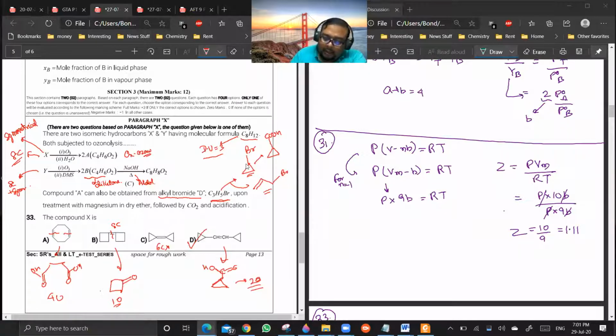If I'm using this, then on treatment with Mg it will give this as carbanion, and this on reaction with CO2 will give this. Now this will be A, and we will be getting this only from D. Here you have to use hit and trial also.